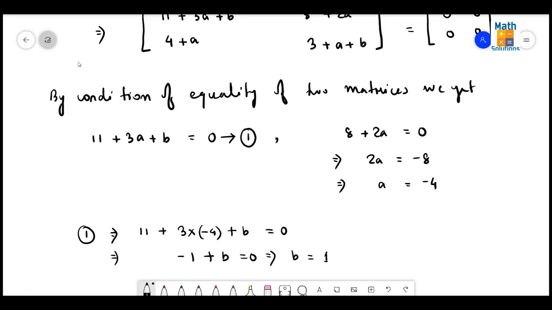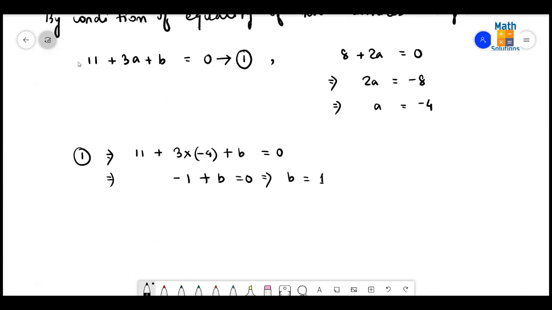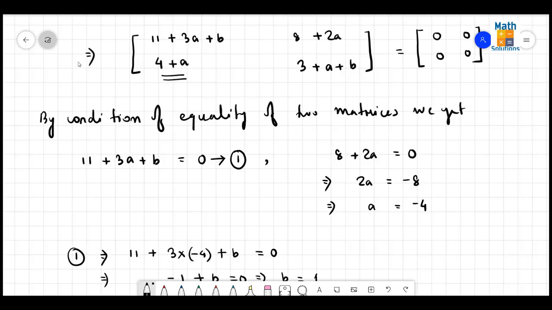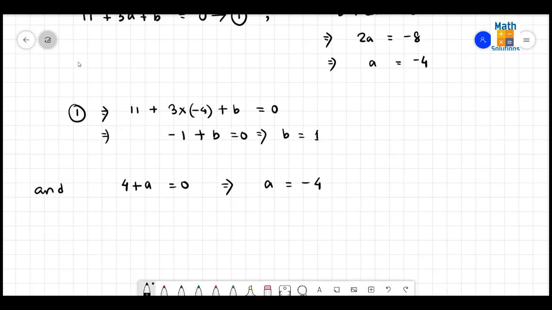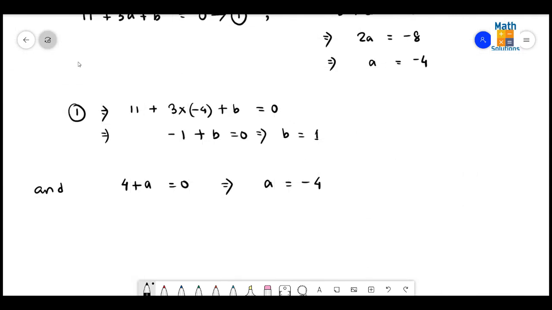For this position, what can I write? 4 plus A is equal to 0, which implies A is equal to minus 4, and from the last extreme end, 3 plus A plus B is also 0. So 3 plus minus 4 plus B is equal to 0.